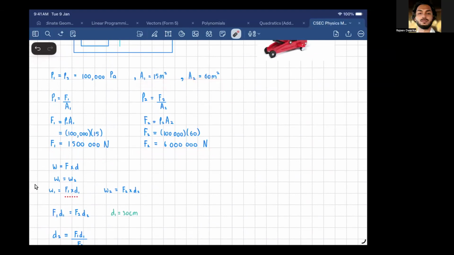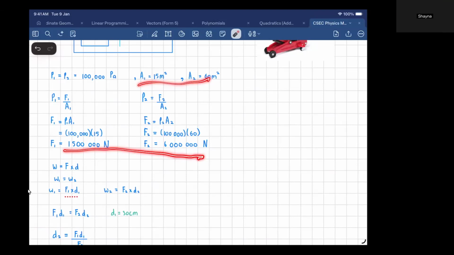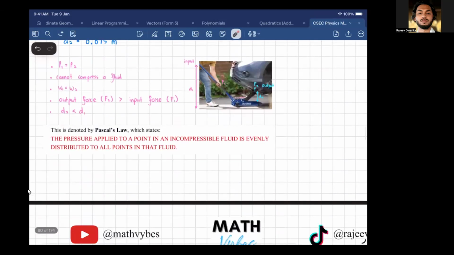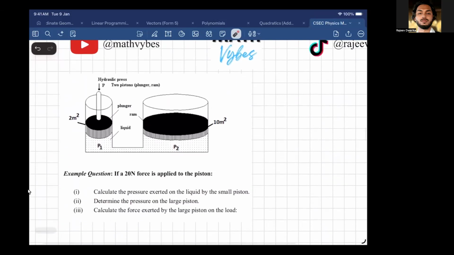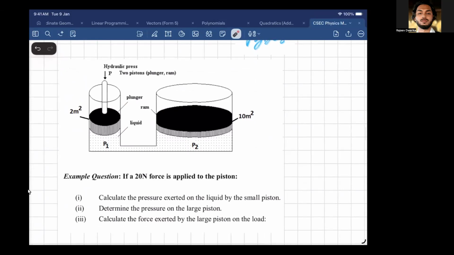It was a quarter of the area of piston two, right? So you see that pattern, see that trend here. Yes. So the force is directly proportional to the ratio between the second area and the first area. So just by looking at this question, it looked like the force over here is going to be how many times the force over here?